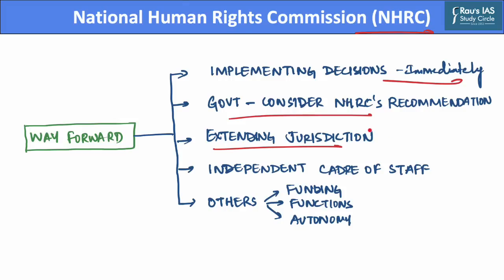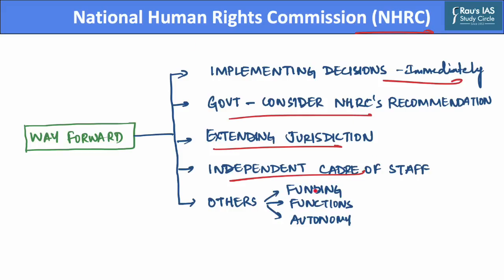Further, as non-judicial member positions are currently filled by ex-bureaucrats, the credibility of the Commission has come down. Hence, there is a need to develop an independent cadre of staff with appropriate training, and this will enable the Commission to be an independent agency with oversight.